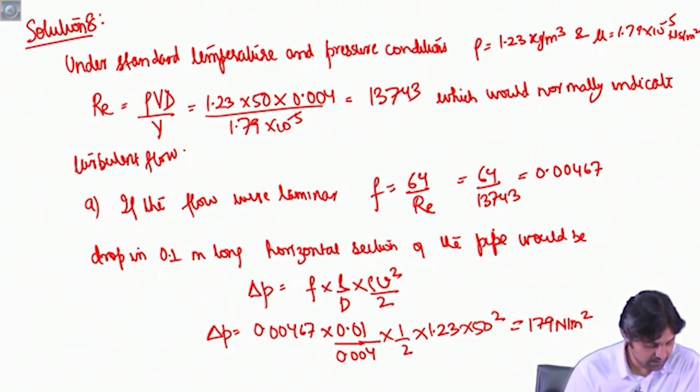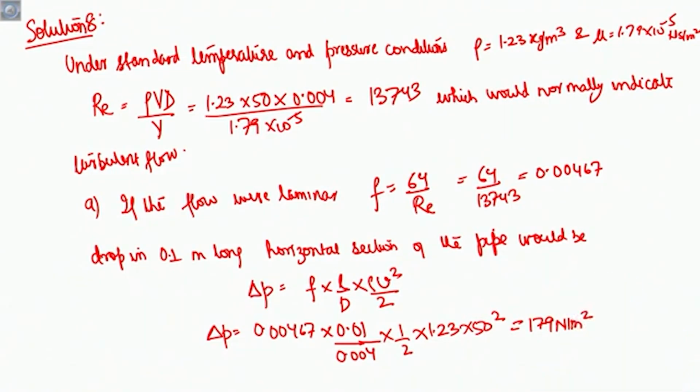All right. So, we can calculate everything here. So, 179 Newton per meter square. All right.